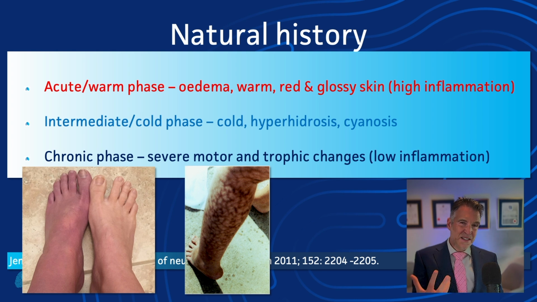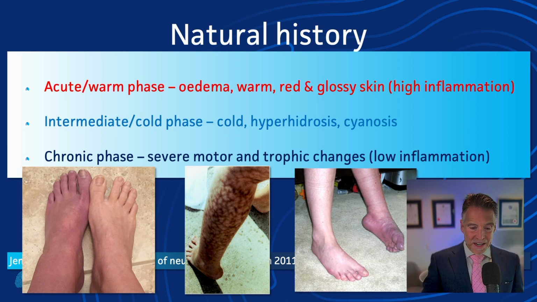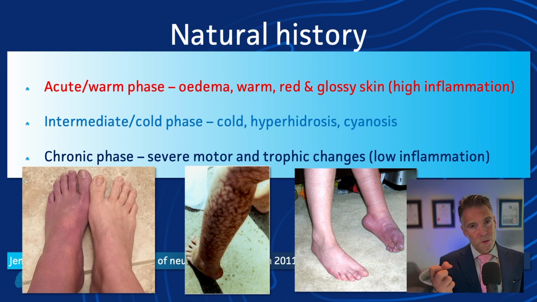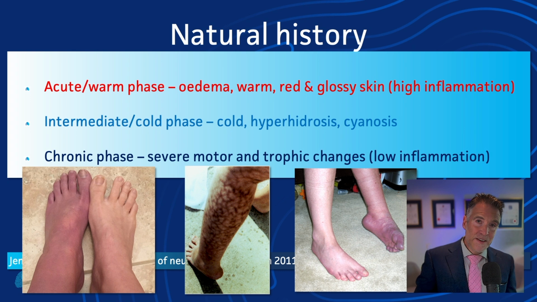Then you've got the intermediate, cold, mottled, cyanotic phase, and then later on the clinical features that you see generally disappear. It just becomes severely painful, but you can get what we call motor trophic changes as well, where you get cramping and contractures, and that's a low inflammatory component.